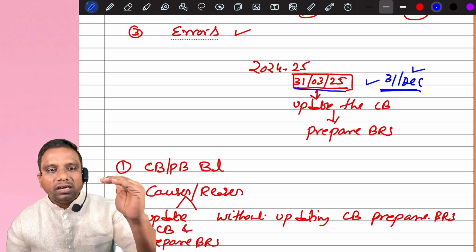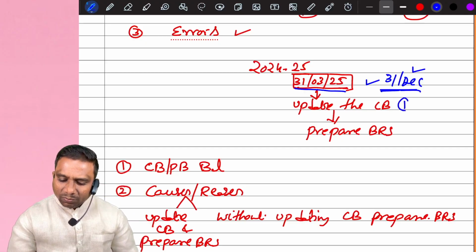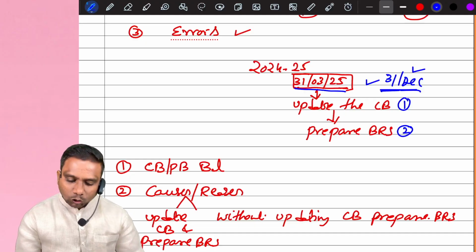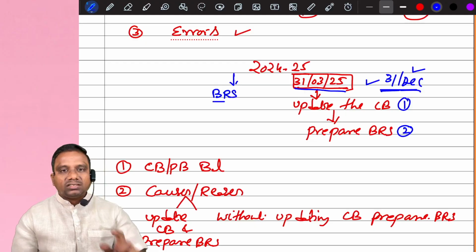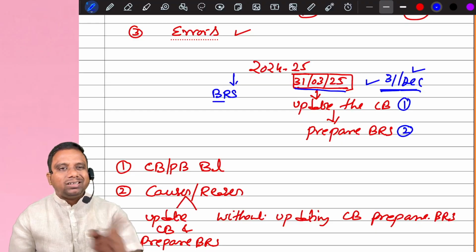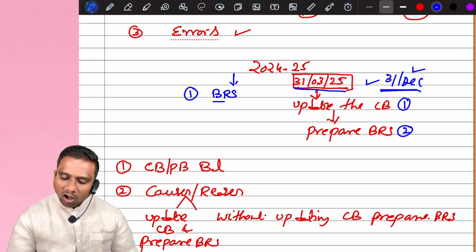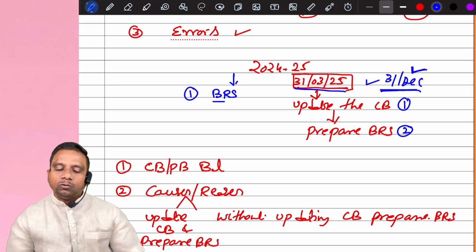First, update the cash book; second, prepare BRS. Or if you assume that the books of accounts are not closed, then straight away prepare BRS. Up to you. Now we try to solve problems on direct preparation of BRS and preparation of BRS after updating the cash book. These two types of problems we see.